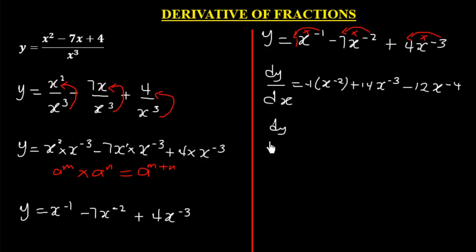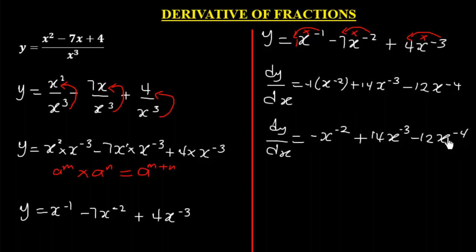Now dy/dx is equal to negative x to the power negative 2, plus 14x to the power negative 3, minus 12x to the power negative 4.